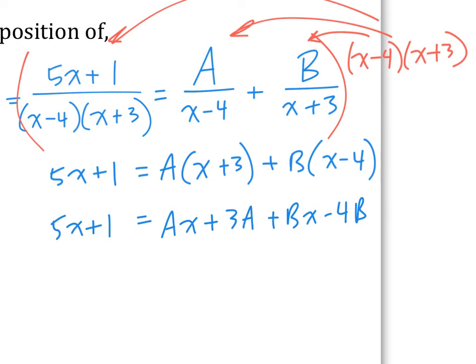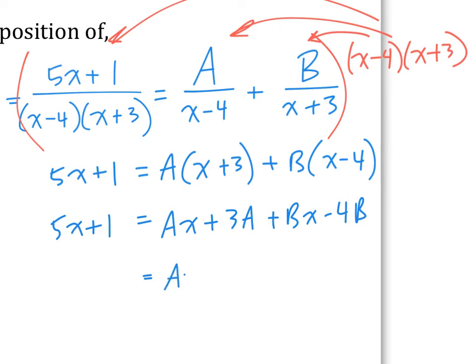Again, left-hand side equals right-hand side. You can see that in this equation we have 5x, so something with x, plus 1, so something with a constant. On this right-hand side, we have something with x's and something with just a number. Remember, A and B are just numbers. So I'm going to combine like terms.